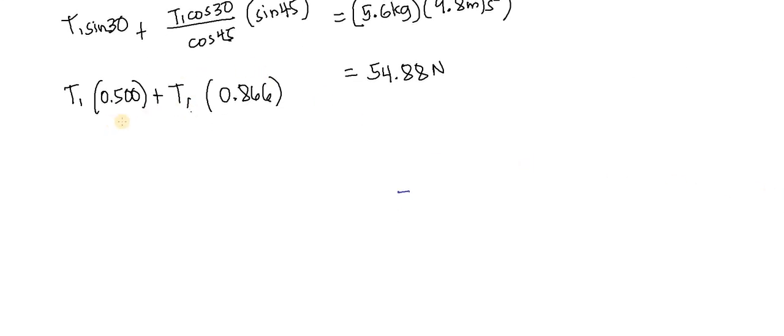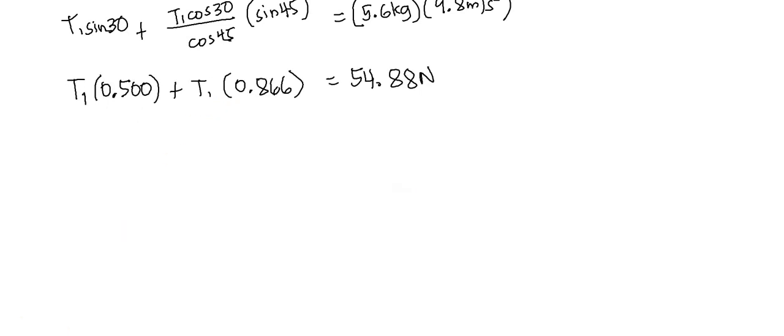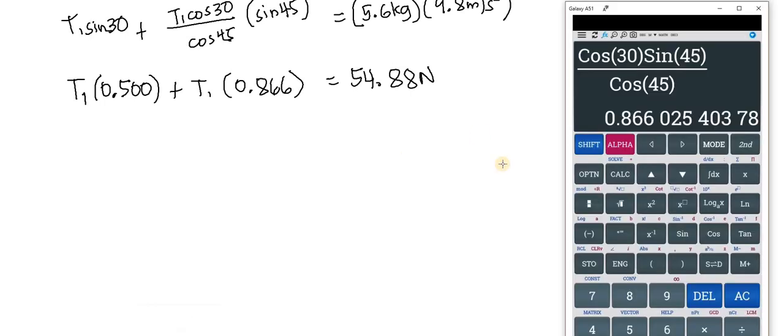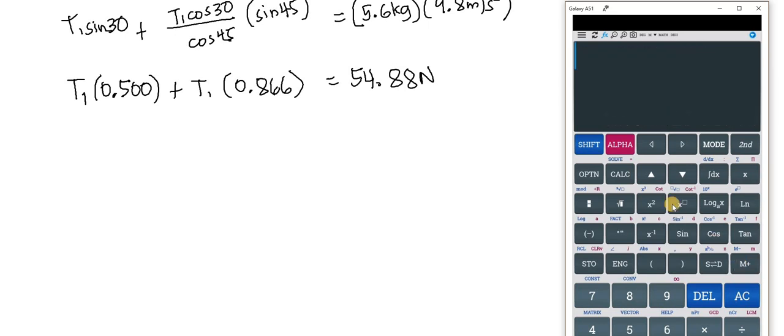Now we can add these two. Let's add using our calculator. 0.500 plus 0.866.